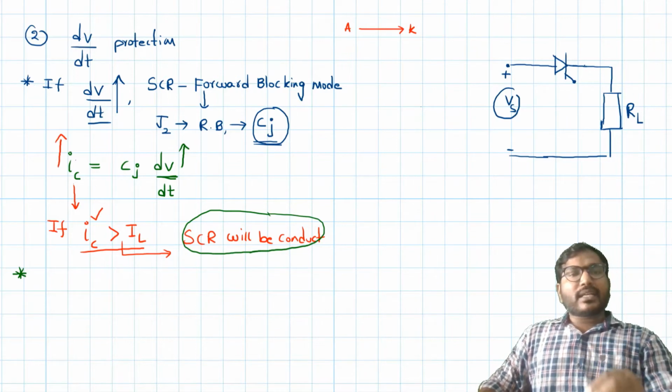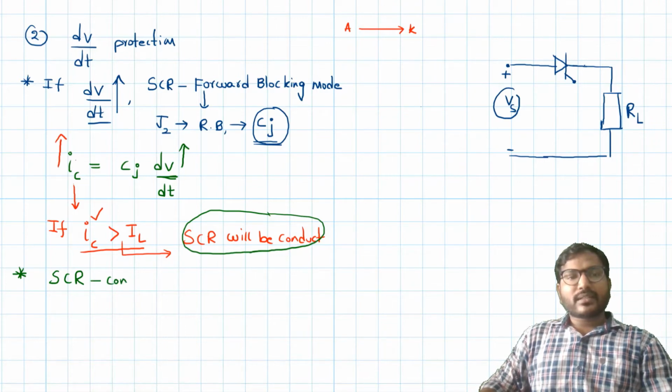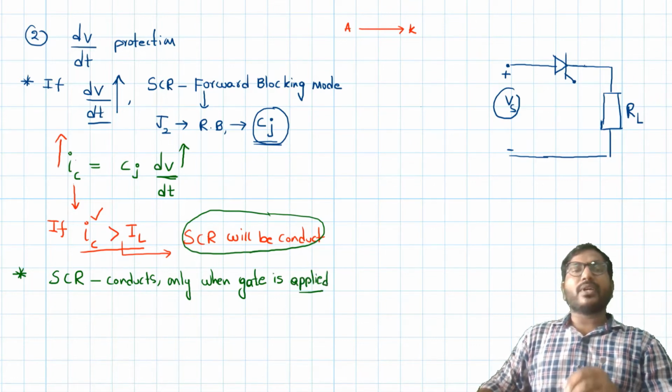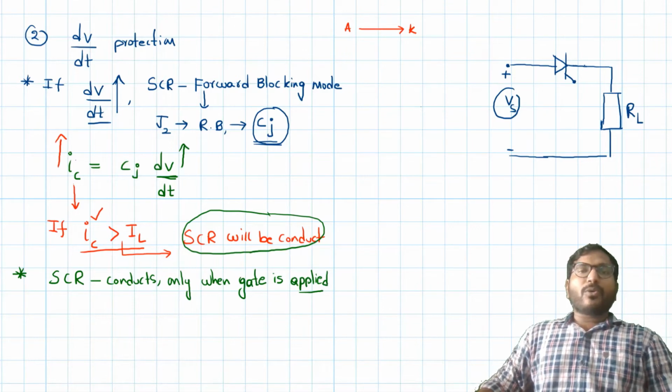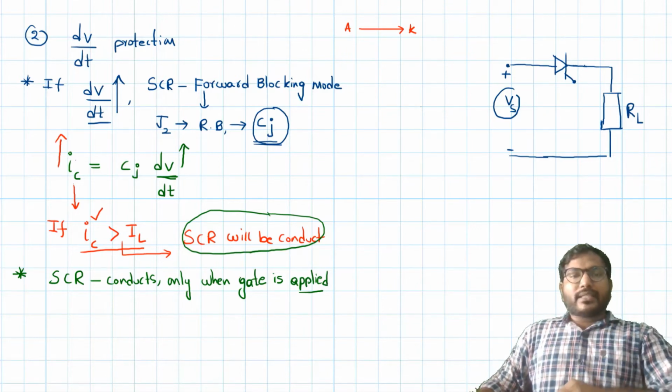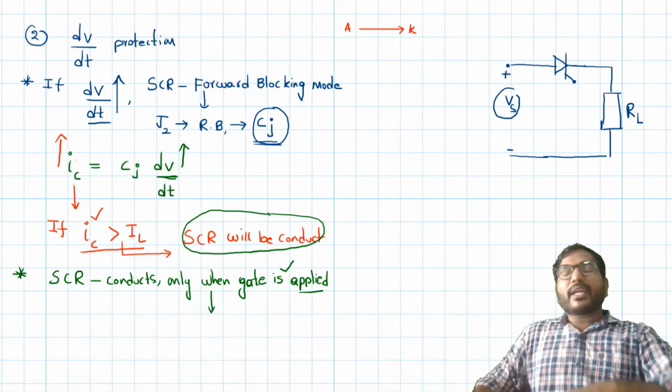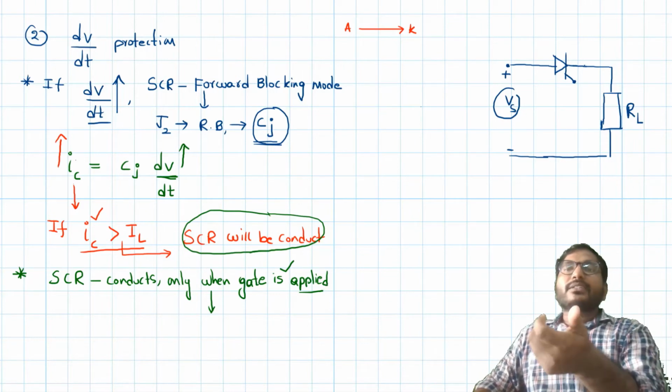The desirable case is that the SCR conducts only when a gate pulse is applied to the gate. In that case, when the gate pulse is available, the SCR is conducting, and we can control the turn-on instant of the SCR.